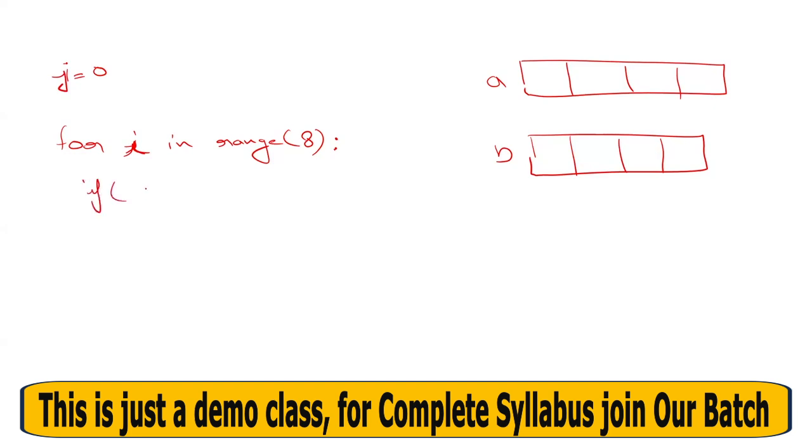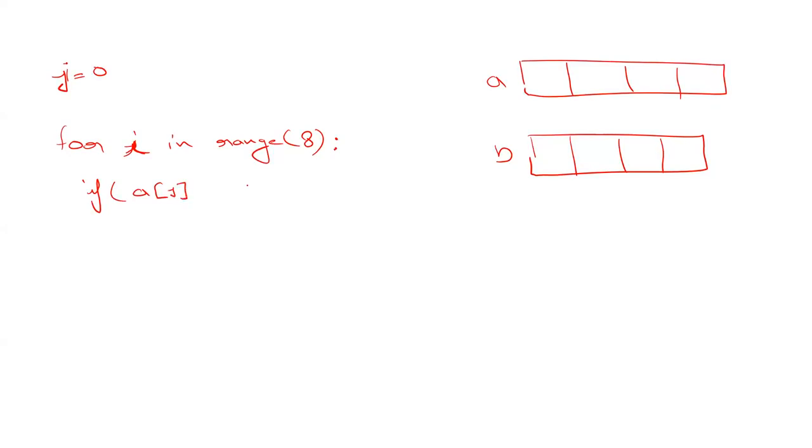Now, if a of j is greater than b of k, let's compare it like this. Let's take another variable, k is equal to 0.